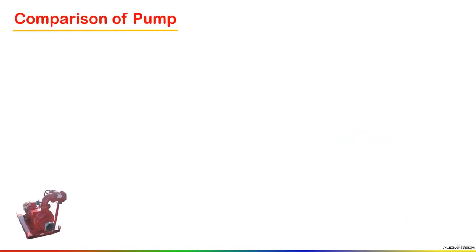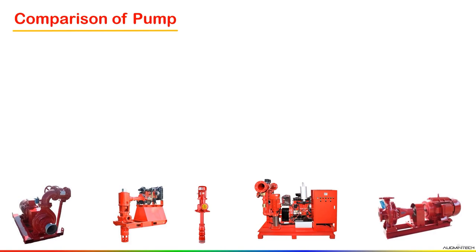Now see the next topic, comparison of pumps. We have discussed up to here different types of pump: horizontal split case pump, then end suction pump, then vertical inline pump, then vertical turbine pump. So we have discussed four types of centrifugal pump, but these pumps are generally categorized into two forms only, horizontal centrifugal pump and vertical centrifugal pump.